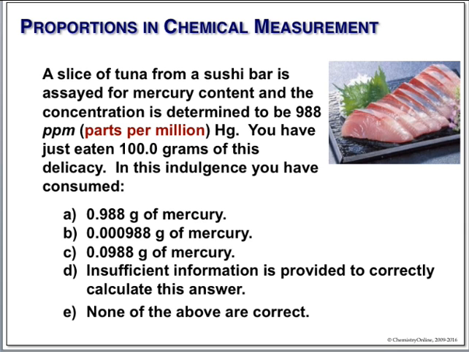Well, how do we solve for this? We have 100 grams in our sashimi order. Okay? 100 grams. We know a ratio, 988 grams of mercury per million grams of tuna. Doesn't sound like much.